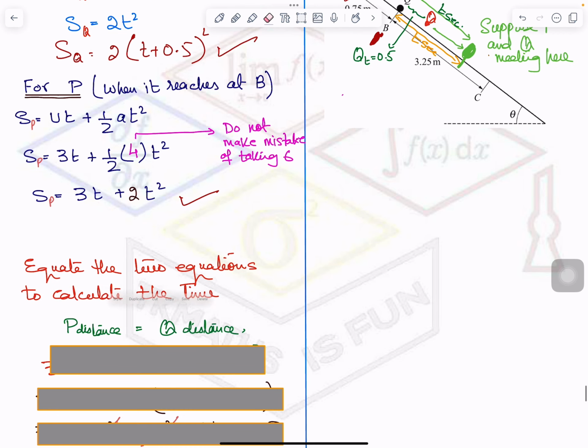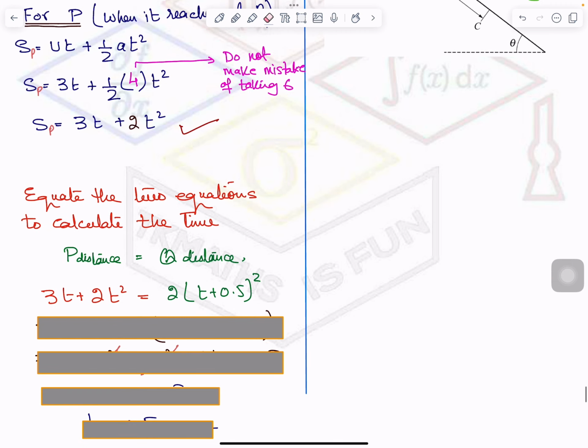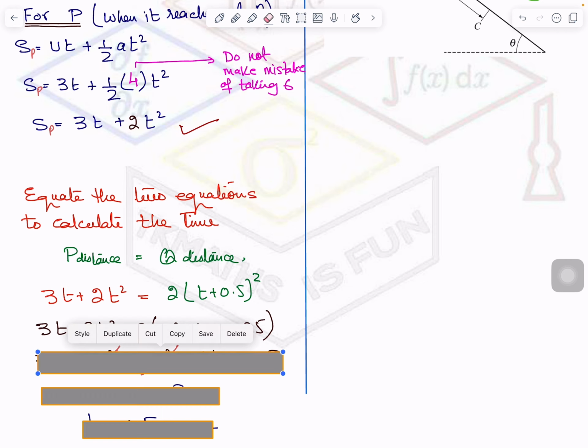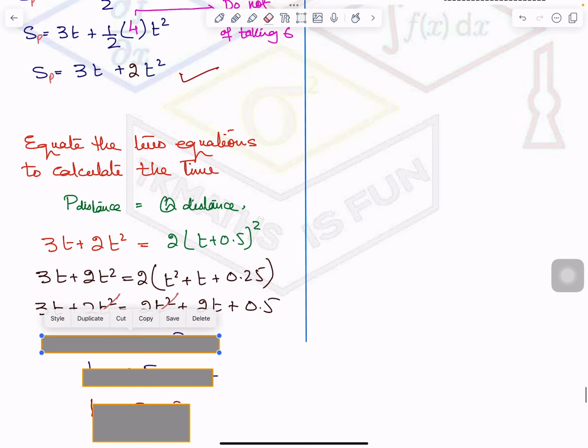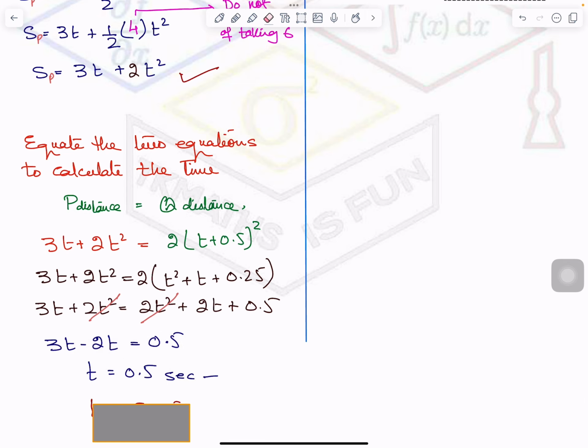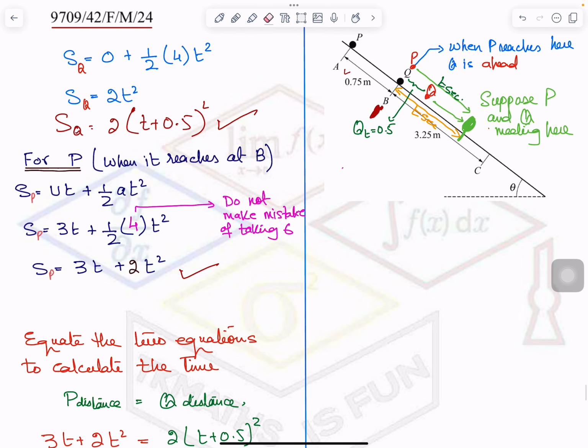Okay, so this is what I have done here. Simply algebraic expansion, and then I will get the time. Now this is the time of P, because we took in our case this is T, and for Q it is 0.5 plus T, because Q was at this position already.